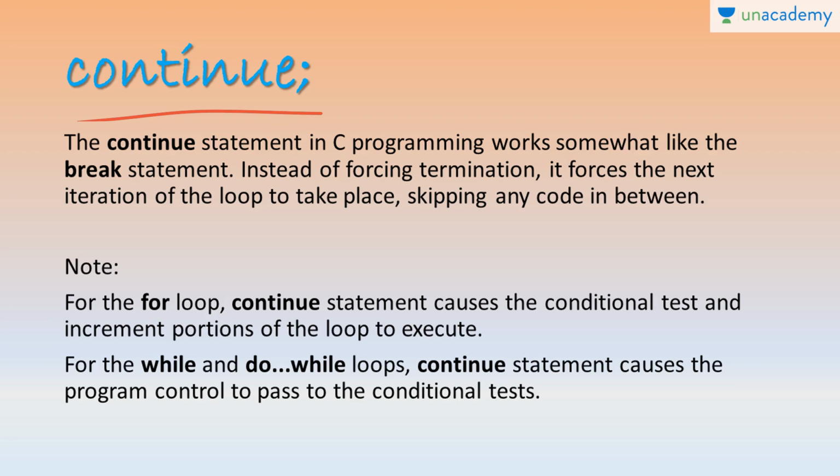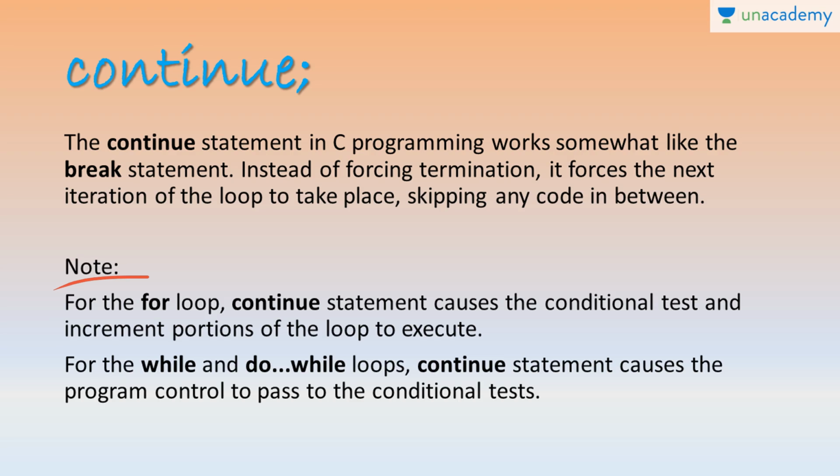So one thing we have to note is that in the for loop, the continue statement causes the conditional test and increment portions of the loop to execute. But if we use continue in while and do while loops, the continue statement causes program control to pass to the conditional test.